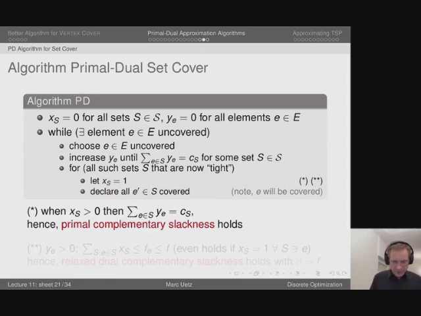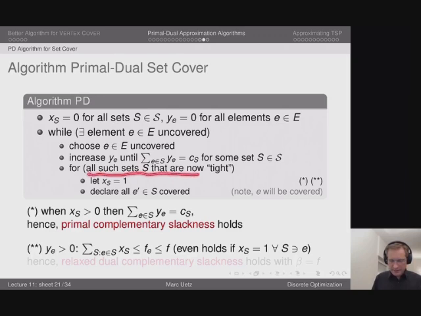What happens if I increase a dual variable with a primal constraint? So let's look at dual complementary slackness, where whenever I increase a dual variable larger than 0, what can I say about the corresponding primal constraint? Well, I'm selecting at least one, maybe several sets that became tight for this equality. How many sets do I select at most?